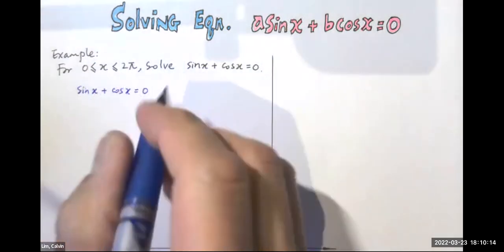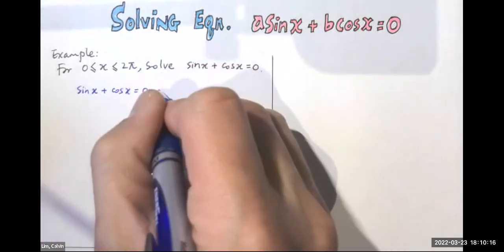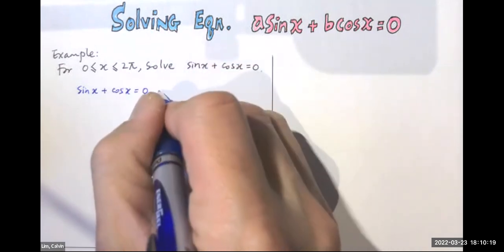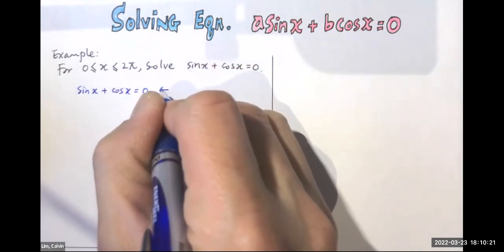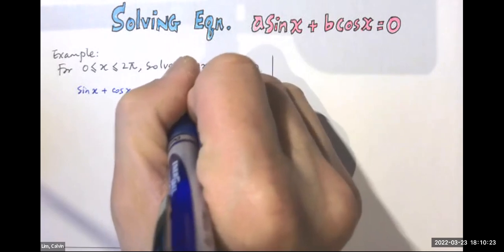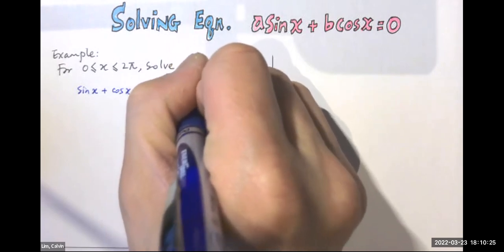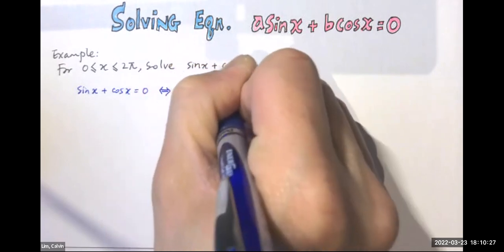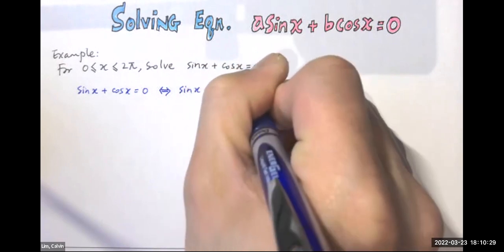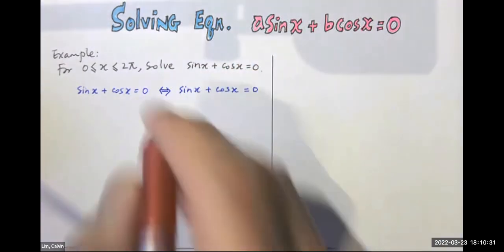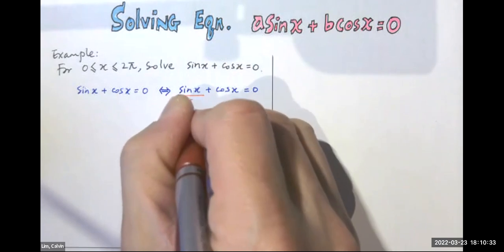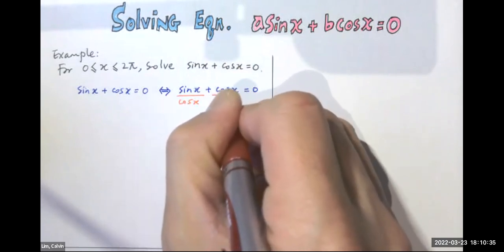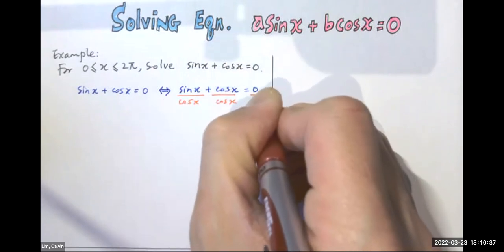Dividing both sides by cos x gives me sine x plus cos x over cos x equals 0 over cos x.